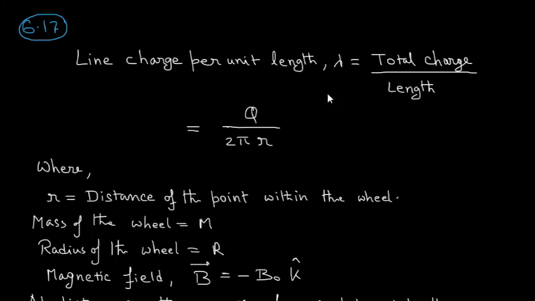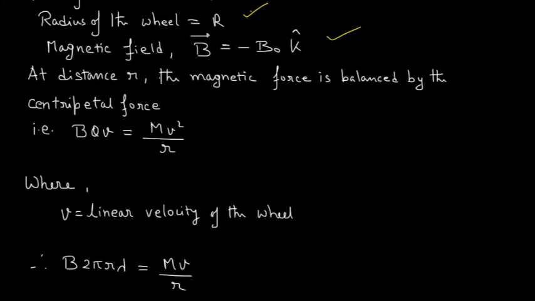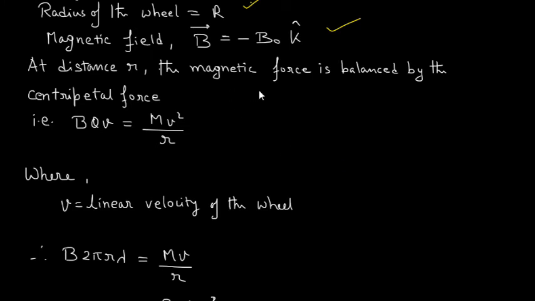So line charge per unit length lambda is equal to total charge upon length, that is q upon 2 pi r, where r is the distance of the point within the wheel. The mass of the wheel is m, the radius of the wheel is r, and the magnetic field B is equal to minus B naught k. So at a distance r, the magnetic force is balanced by the centripetal force.